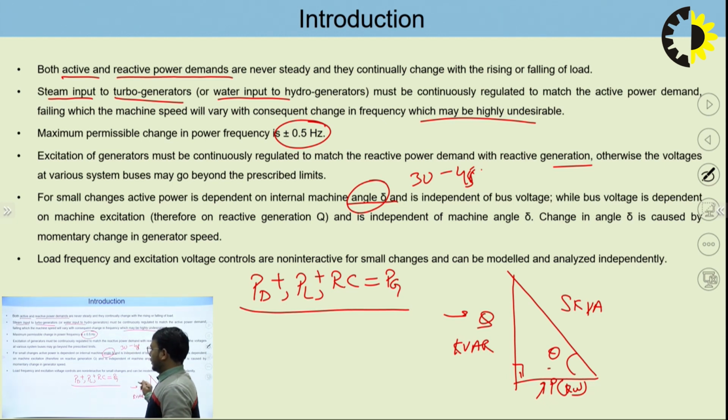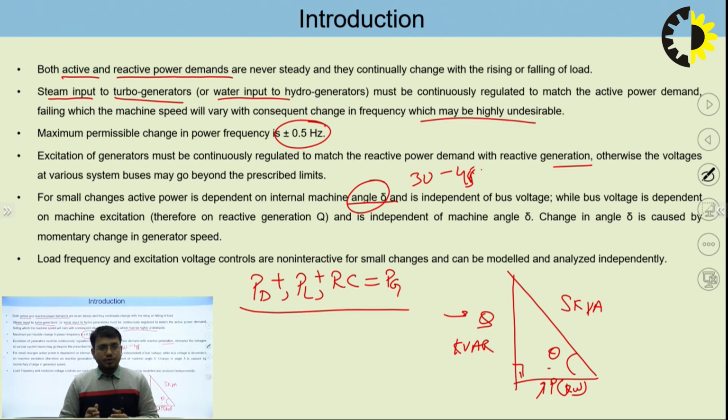Now, load frequency and excitation voltage control are non-interactive for small changes and can be modeled and analyzed independently. So basically, if the magnitudes are very small, we can have these controls independently.